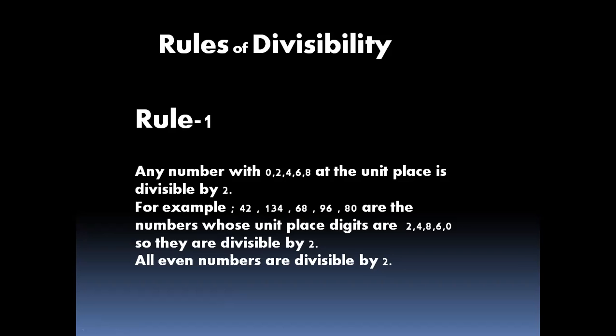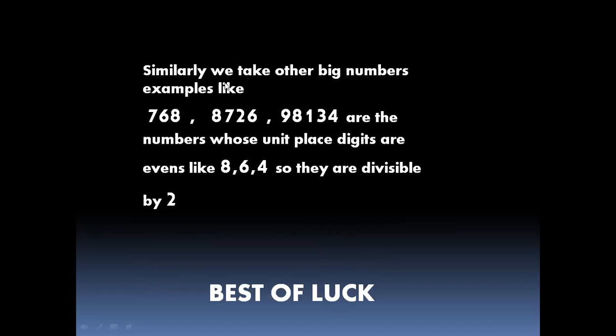Students, in other words, we can say about this first rule that all even numbers are divisible by 2. Similarly, we take other big numbers, examples like 768, 8,726, and 98,134 are the numbers whose unit place digits are 8, 6, and 4.